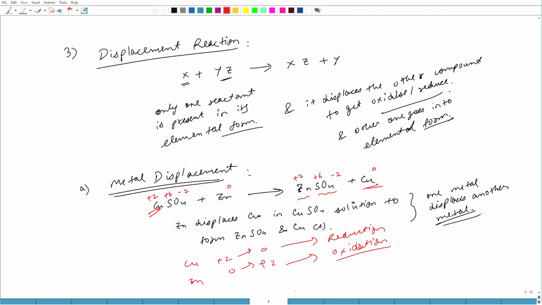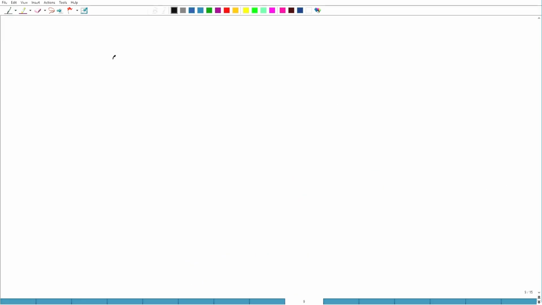For example, Cr2O3 plus Al, aluminium, forms Al2O3 plus 2 chromium metal. I am writing the balanced redox reaction.